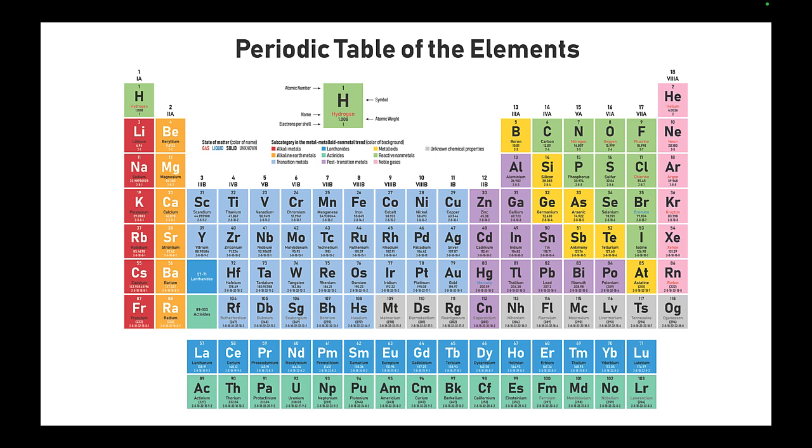So if we look at where sulfur is on the periodic table, again, we're right over here, and you can see that sulfur can either gain 1, 2 to become like argon, or it can lose 1, 2, 3, 4, 5, 6 to become like neon. And it's much easier for sulfur to gain the 2 electrons than it is for it to lose the 6, and so that's what it will do when it forms its ion.